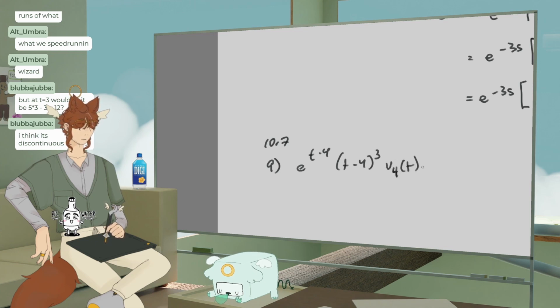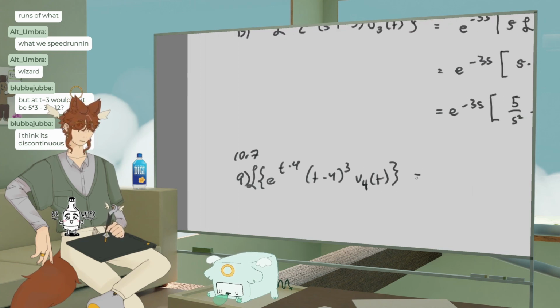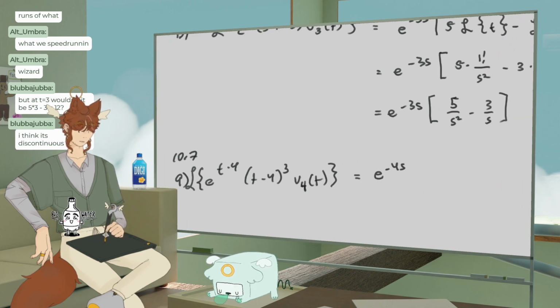And so if we take the Laplace of this, we take this out, so that becomes an e to the negative 4s, and we change all of the t minus 4s to t's, I guess.